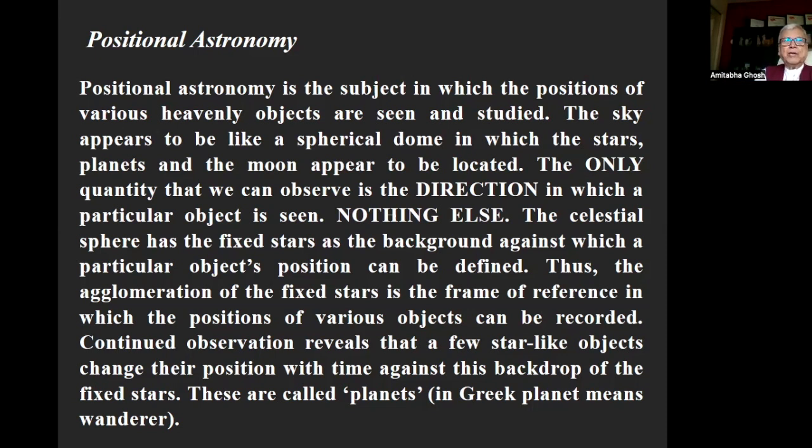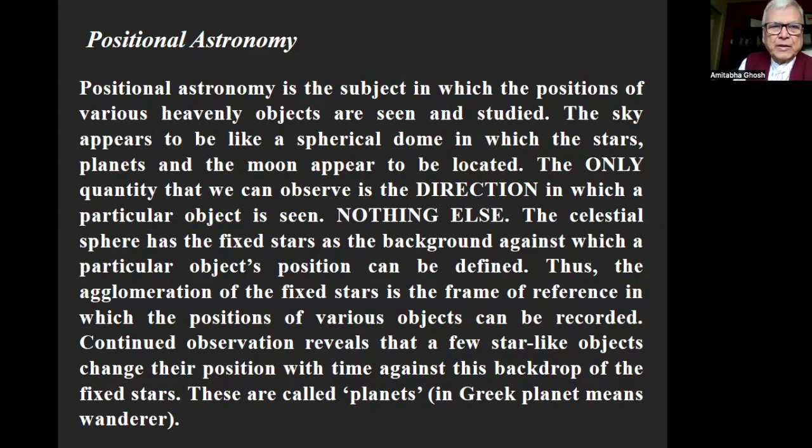So the whole thing appears like a hemisphere. And all the heavenly objects are embedded in that, moving in that spherical dome, which in ancient time used to be called Khagol. The Kha means sky and Gol means the sphere. So the celestial dome used to be called Khagol in ancient India.